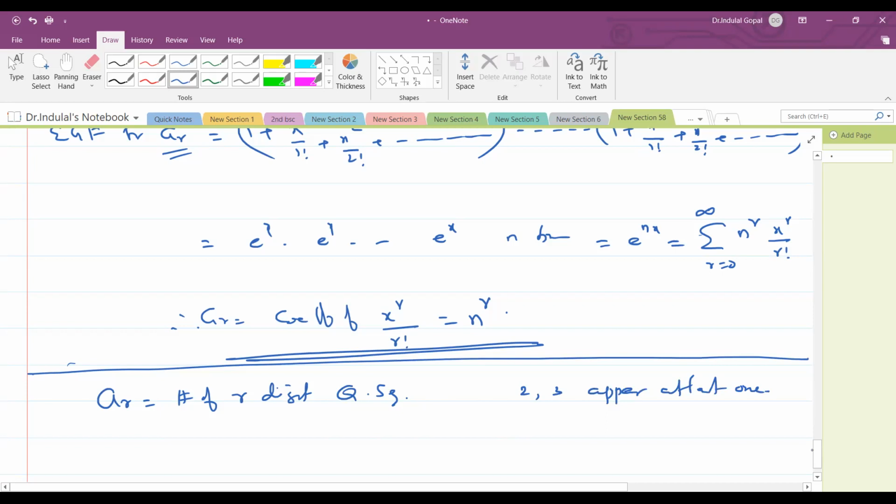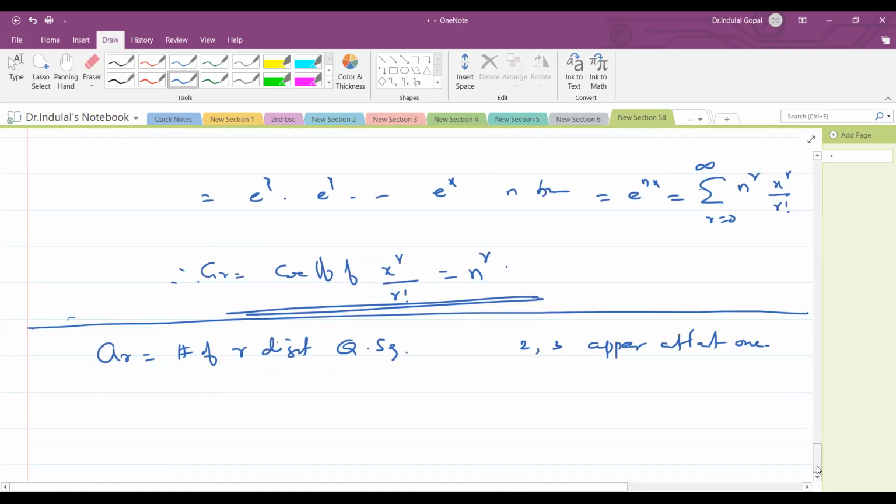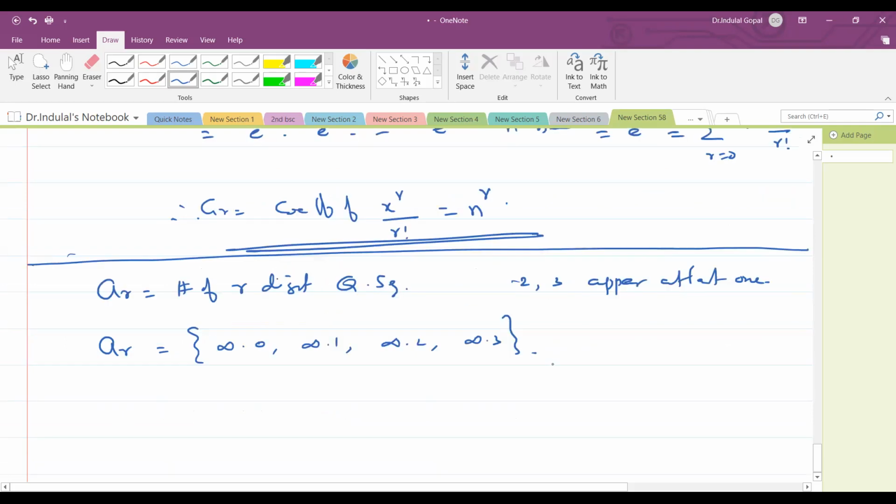So then this is nothing other than the r-permutations of this infinite multiset in which the symbols 2 and 3 appear at least once. See, what is A_r? This is the question. So the answer is easy.